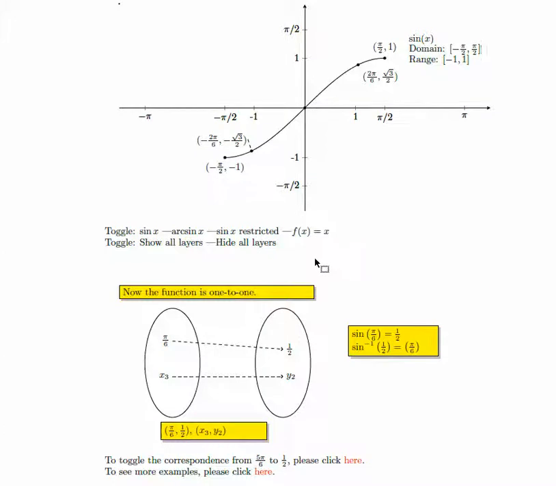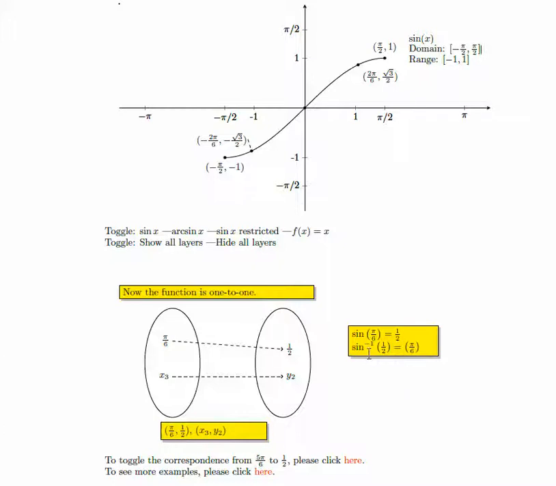So in this case, for any element here, we can find a unique one in x. For any element right here, we can go back to find the original element. So it's written this way: sine inverse of 1/2 is pi over 6, and sine pi over 6 is 1/2.